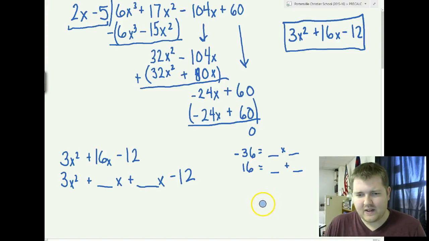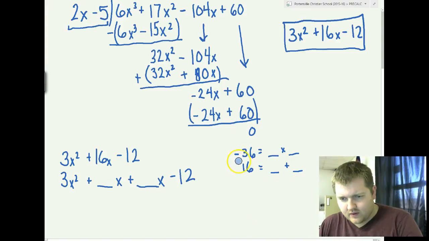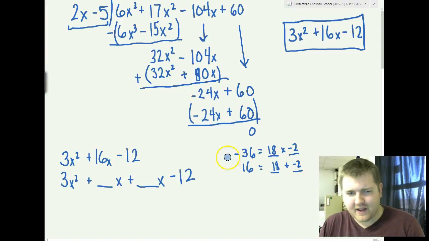Two numbers that do that are not obvious right away, but I'm thinking 18 and negative 2 would add to give me 16 and also multiply to give me negative 36. So we'll use 18x and negative 2x.